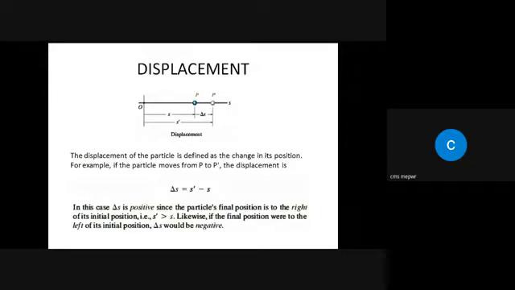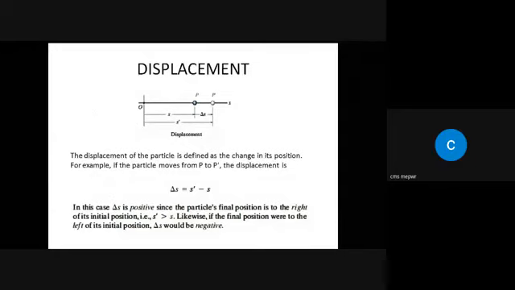So the final position from the origin is S bar, and the initial position, if we take it from the origin, was S. So delta S is basically S dash minus S. In this case, delta S is positive. Why positive? Because we have taken the direction on the right side as positive, and if you are moving from O towards the left, it will be negative.